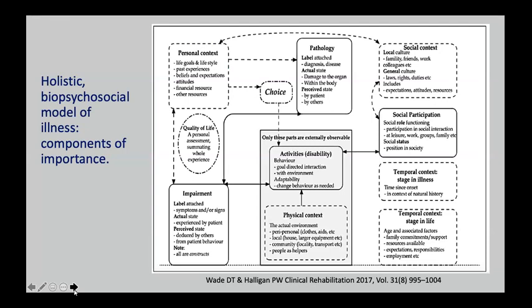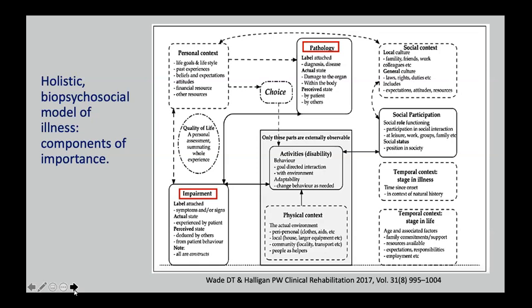Now, there are a lot of disciplines embracing the same. For example, in clinical rehabilitation, Wade et al. put out components of the biopsychosocial model of illness, looking at pathology and impairment related to probably a musculoskeletal problem.